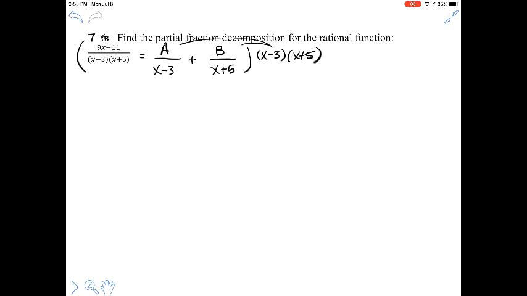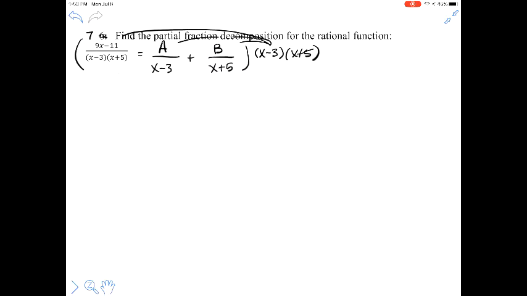Now the next step is to multiply the whole equation by the lowest common denominator. So this denominator is going to be multiplied to all 3 pieces of that equation. When it multiplies here, it's just going to cancel out with the denominator, so we would be left with 9x minus 11. When it multiplies to the a partial fraction, the x minus 3's would cancel, so then a would multiply with the x plus 5.